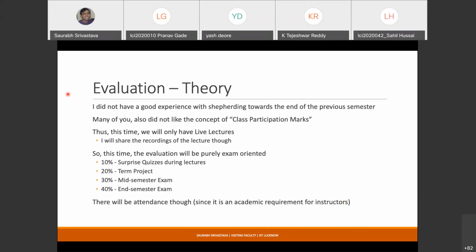A lot of people thought that class participation marks were not calculated in a justified fashion. I did explain the reason for it, but I kept on getting emails that we are not happy with our class participation marks. So I thought, there's no point in doing something that you guys are not happy with. So I have done away with the shepherding.